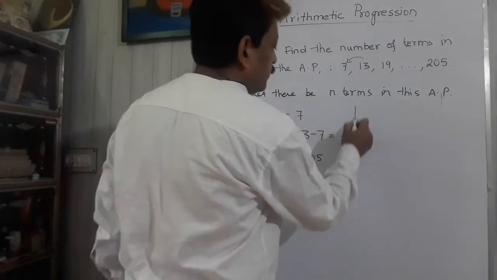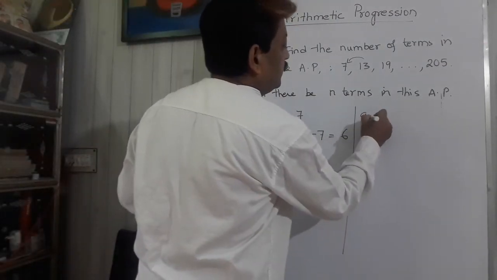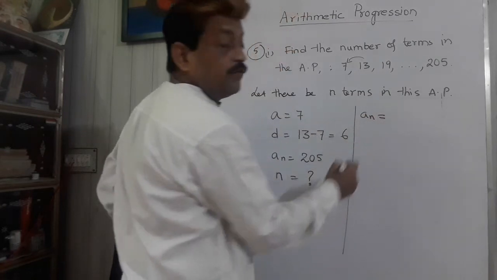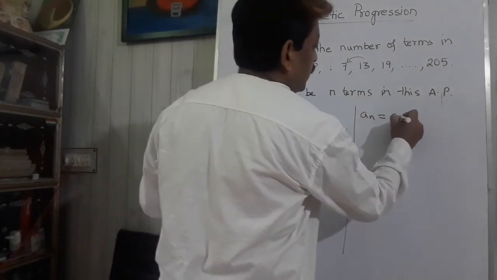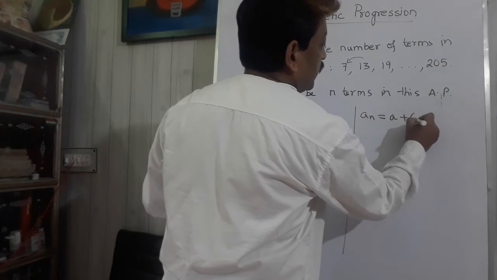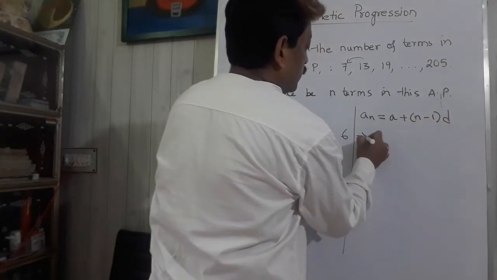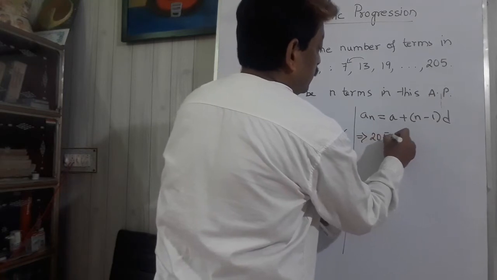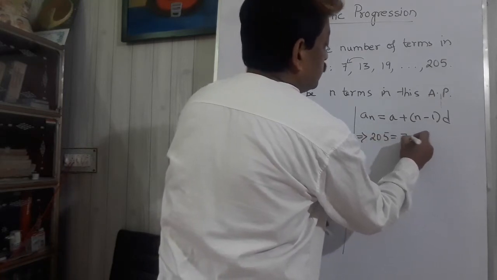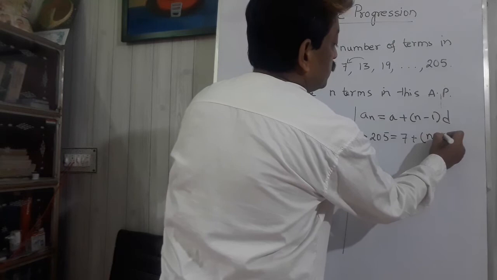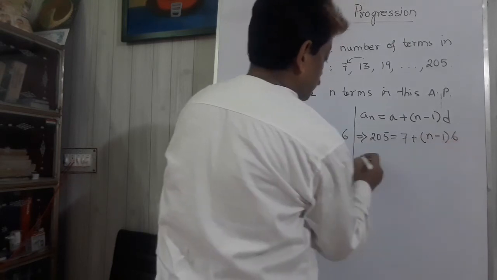So let us use the formula for the general term: an equals a plus (n minus 1)d. An is 205, a is 7, n we don't know, d is 6.